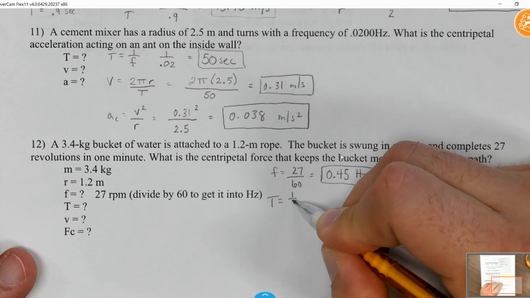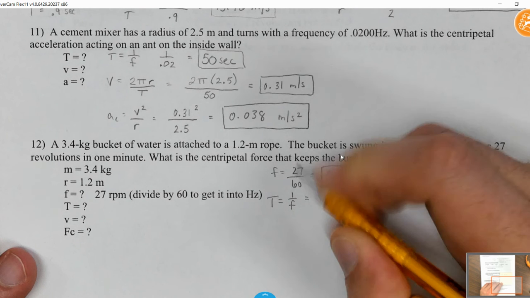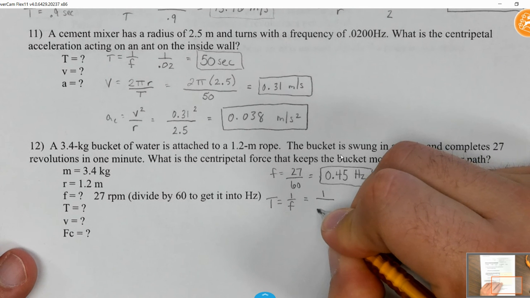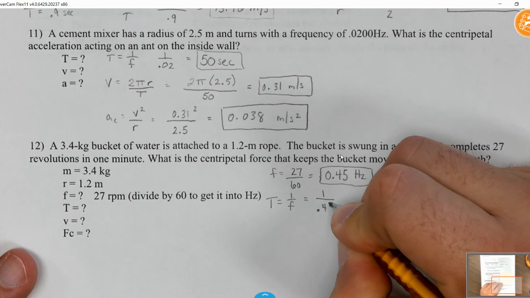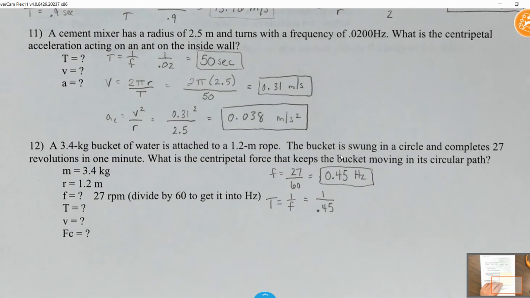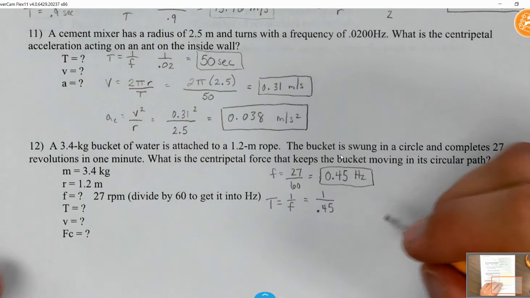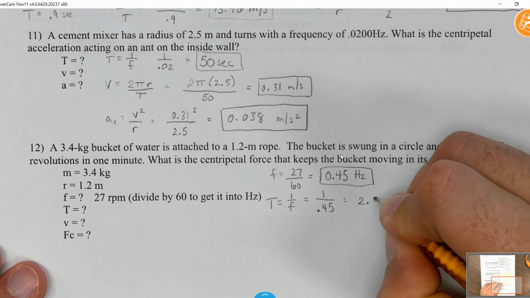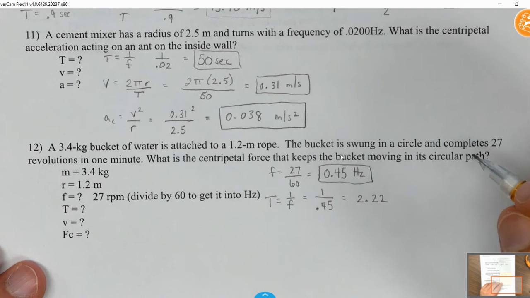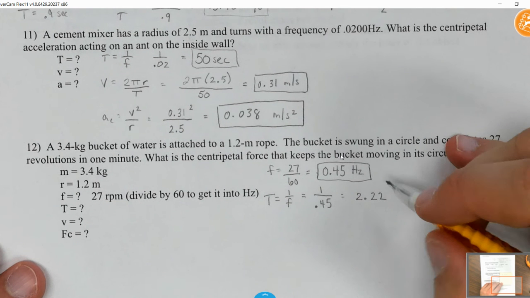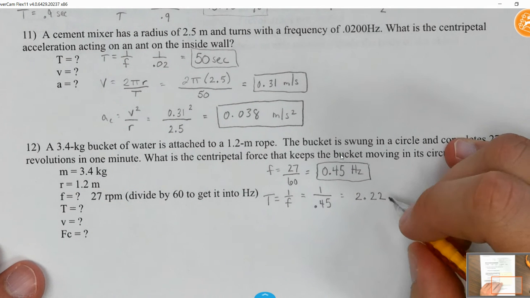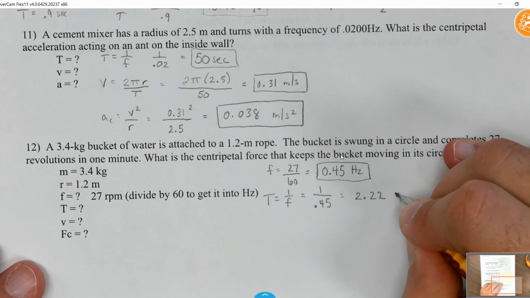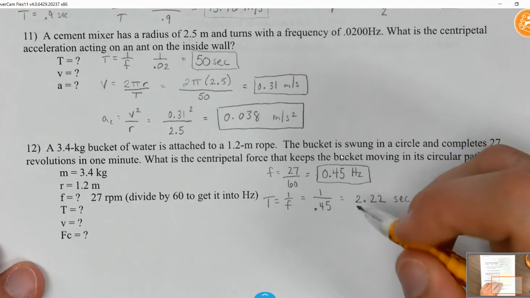So T is equal to 1 over f. So we're doing 1 divided by 0.45. And that comes out to be 2.22 repeating, so we're just going to call it 2.22. The unit for period, we put those on there before. That would be in seconds.